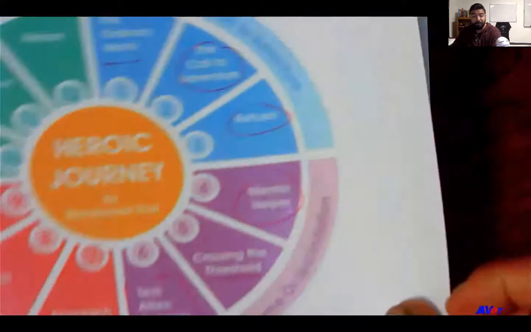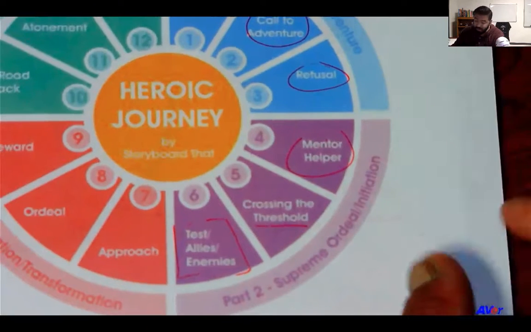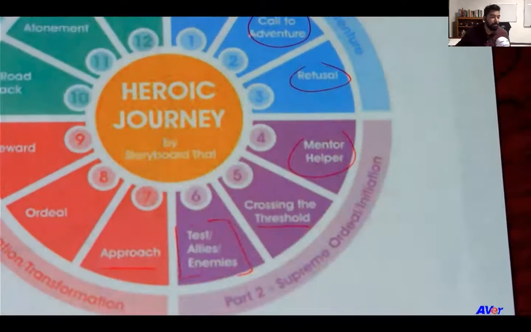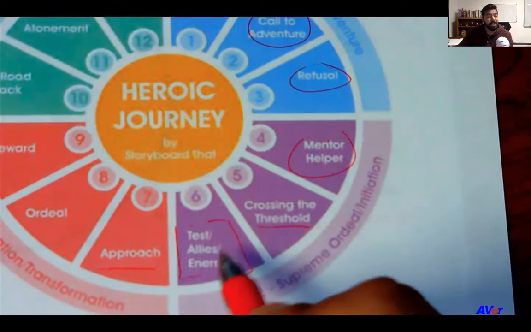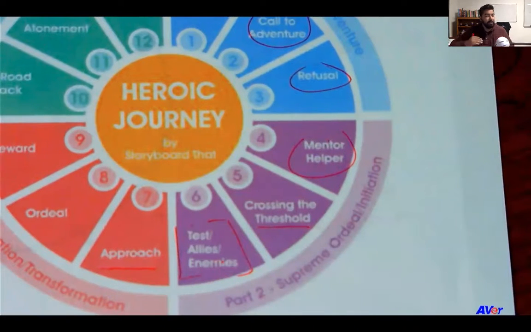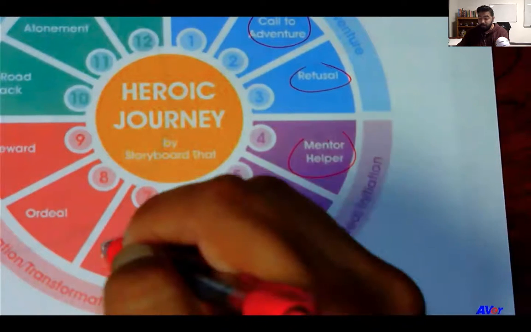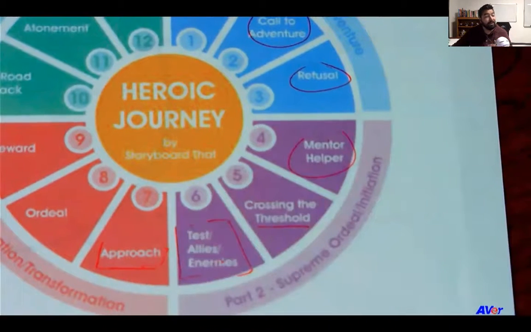Things are rough. Number 7 is the next one, and that is the approach. So once I have been tested, once time passes and I have fought and probably failed a couple times to understand what's going on, we start getting the hang of things, and eventually you make a game plan. You make a plan to finish off the rest of your quest, right?